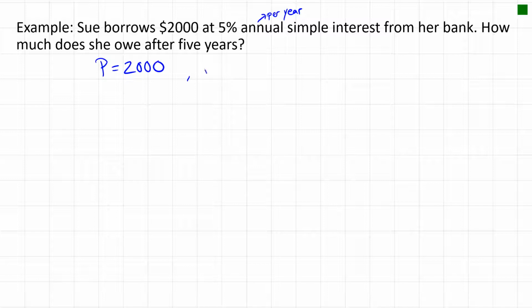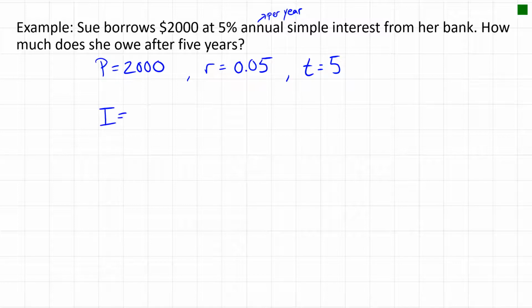So that means that R is equal to 5%, but we want to write percents in decimals. Whenever we do calculations with percents, we have to make sure that we write them as decimals. So 5% as a decimal is 0.05. And then finally, the time, T, is equal to 5 for 5 years. And the rate is 5% per year, so the time should be in years.